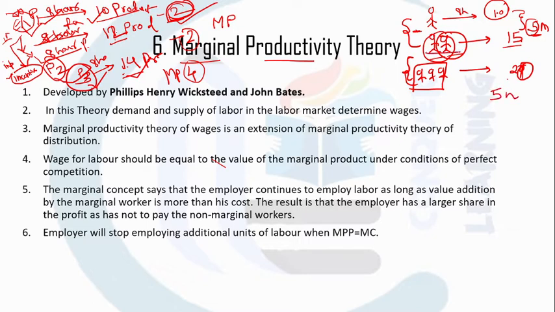So even if 2 people are there, they are giving 15. Even if 3 people are there, they are making 20, the greater number. But what about marginal product? The productivity margin, they are getting only 5. Here also 5, here also 5.